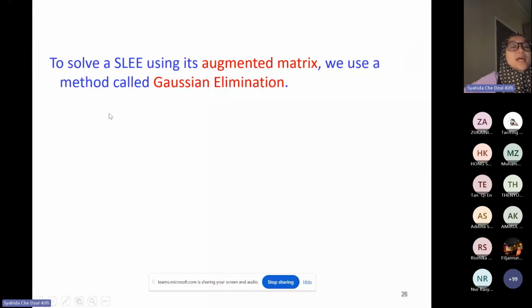So let me repeat. To solve systems of linear equations using the augmented matrix, we use a method called Gaussian elimination. It's either Gauss-Jordan elimination or Gaussian elimination.